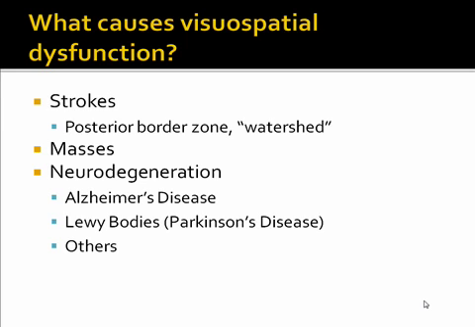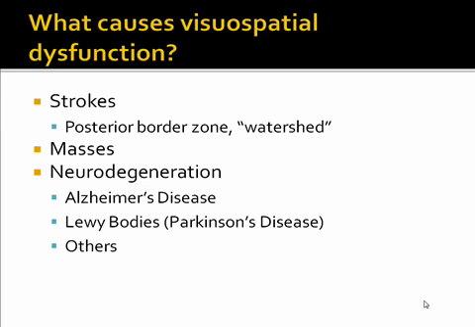Especially if the posterior border zone between the anterior and posterior circulation is damaged in the stroke, you can get this pattern of deficits. But any sort of disease that affects the brain in that area can also cause these problems. So masses such as tumors may also cause these issues.